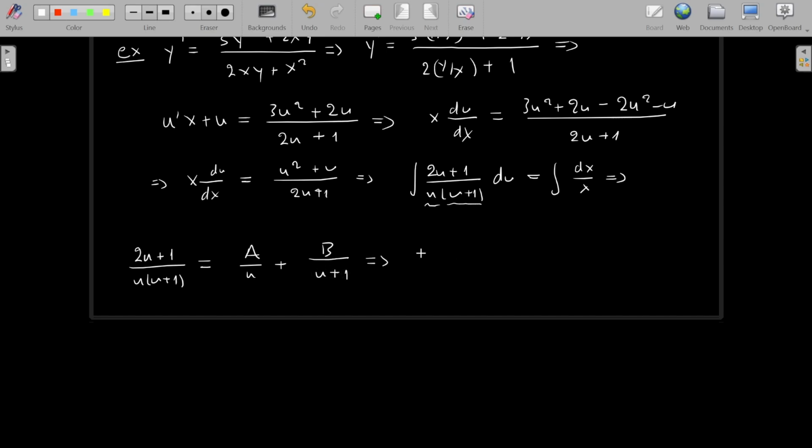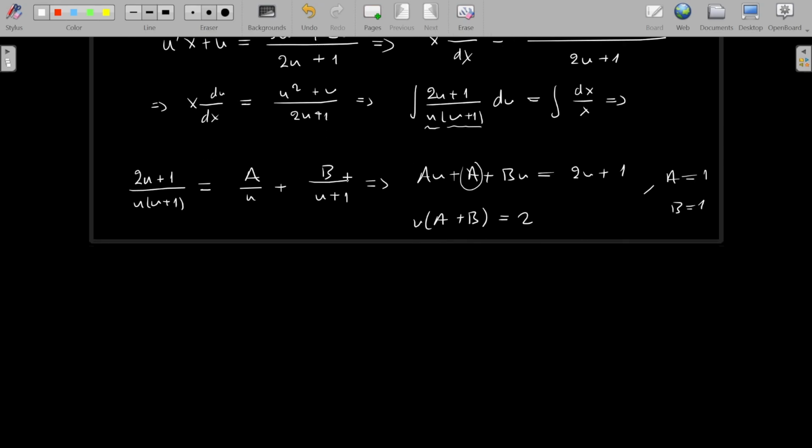Now we'll do the math. Au plus a plus bu is equal to 2u plus 1, meaning that a is 1 and b is also 1, because u times (a plus b) is going to be 2, and a is 1, so b is also 1. So this can be separated into the integral of (1 over u plus 1 over u plus 1) du equal to dx over x.